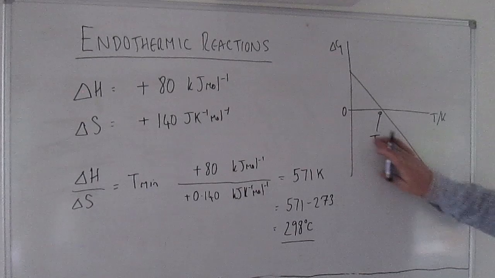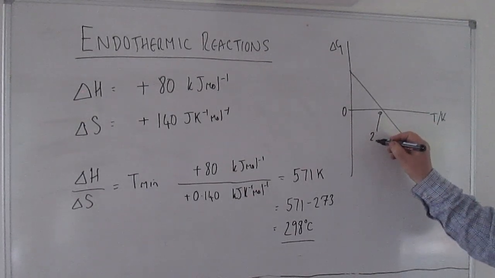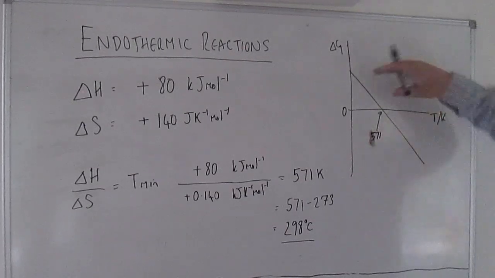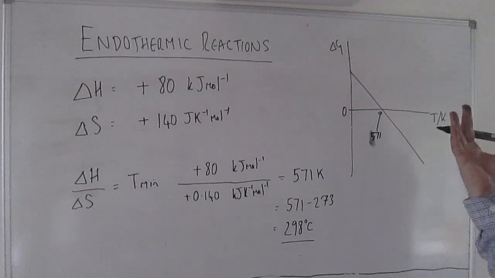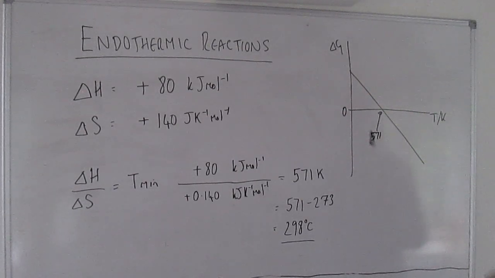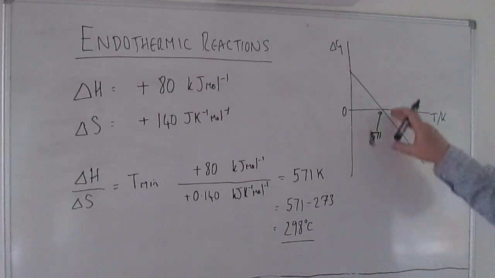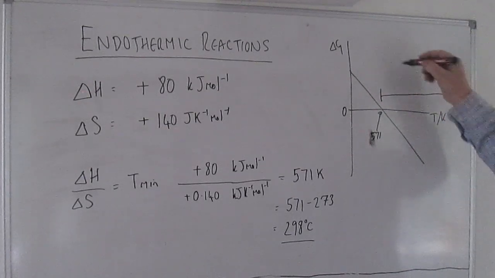So what it's saying then in the context of this graph is that that is 571 Kelvin on there. So the reaction is not feasible at temperatures below that, so it wouldn't happen at room temperature, which is about 293 Kelvin. But if you heat it up enough, you reach that critical temperature, and above that the reaction is feasible.